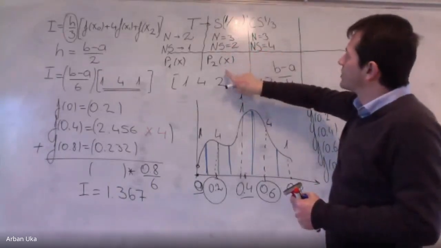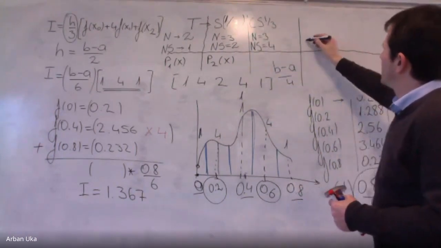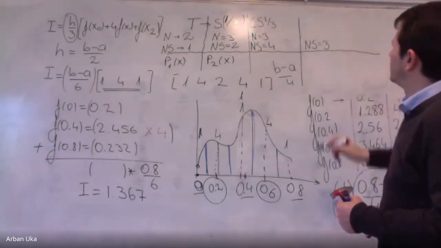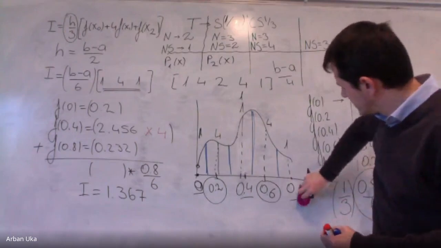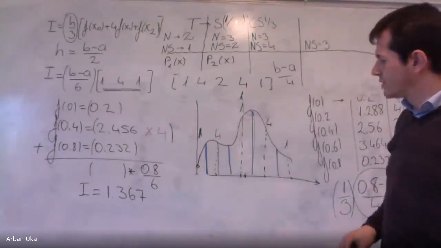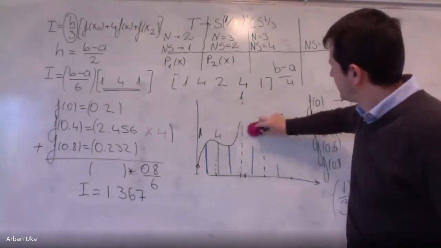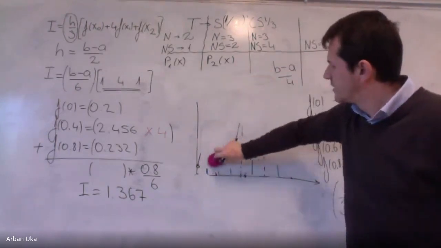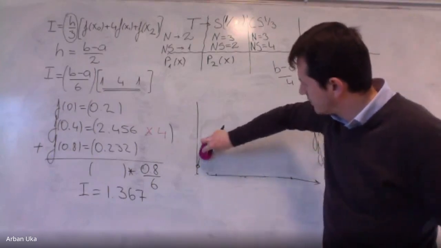Now we're going to consider this one as a reference because this was a composite. If we have 3 segments, how many points do we need to consider? Three segments are defined by 4 points, okay? So we have 4 points.